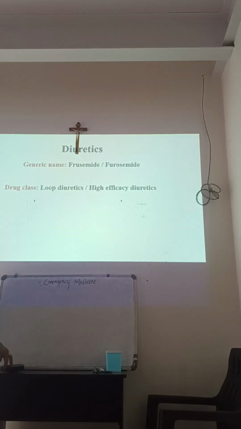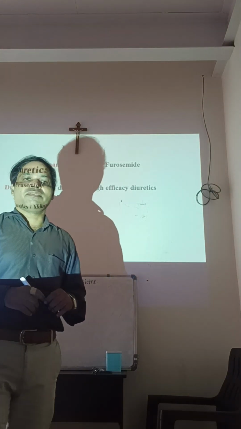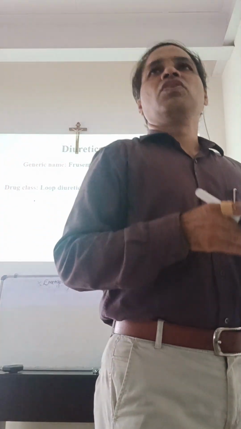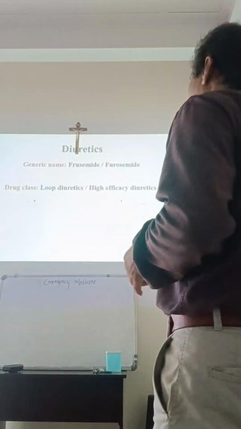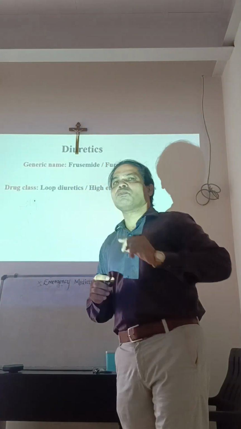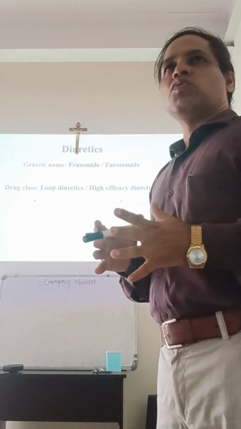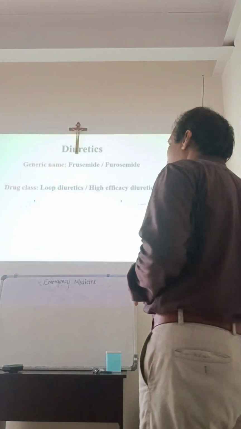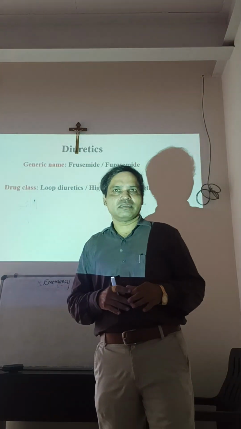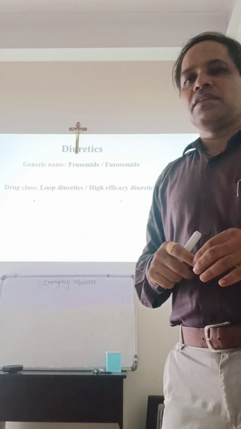High efficacy means lots of body volume gets passed through the urine to bring down the blood pressure rapidly or to control an emergency condition rapidly. We give Lasix or furosemide. It is an emergency drug.